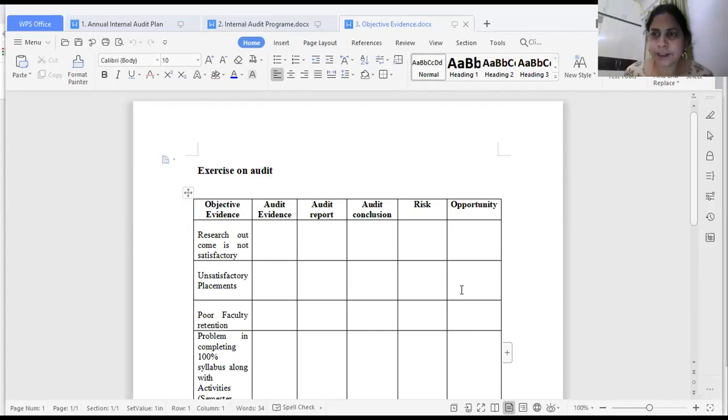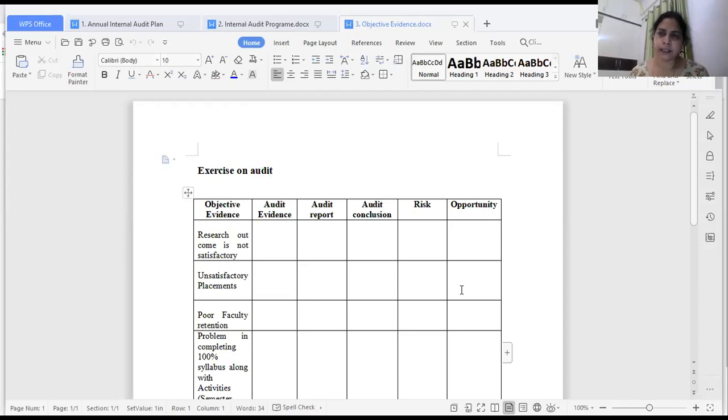Now, I want everybody to participate in and fill these columns which are blank. By now, I'm sure all of us have understood the planning for the audit, a clear planning for the audit, and programming the audit.